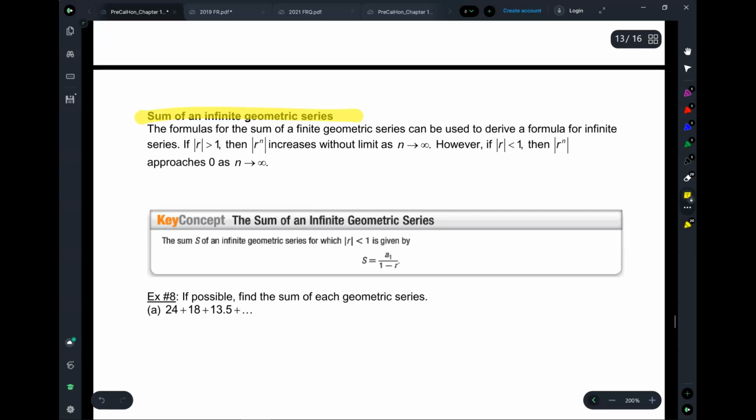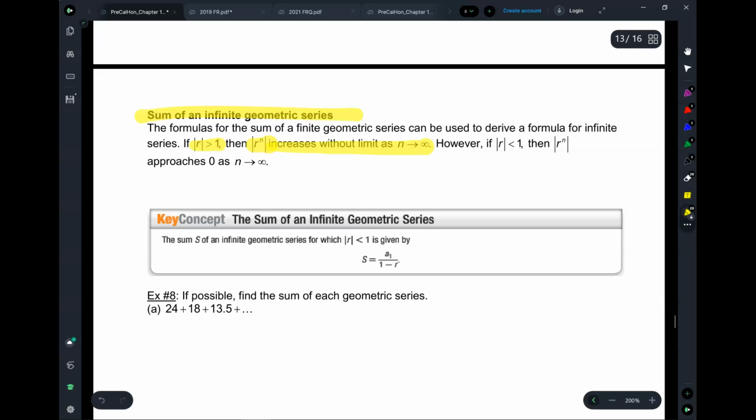We're not going to derive this one, but basically what you need to know is this. If the absolute value of r is greater than 1, so if r is 1.5, 3, 5, 2, then the sum increases without limit as n approaches infinity. However, if the absolute value of r is less than 1, then R to the n approaches 0 as n approaches infinity.